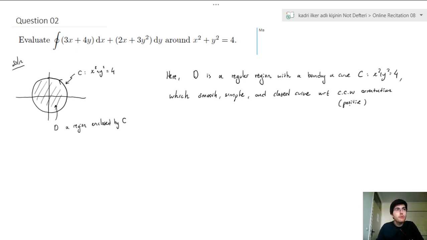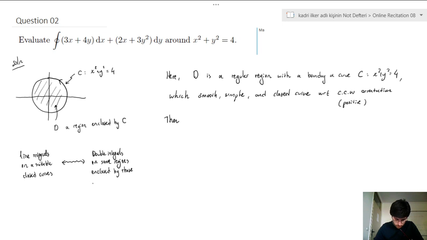Okay, if you have a curve and the corresponding region, then we can use Green's theorem. Green's theorem is a passage from line integrals on suitable closed curves to double integrals on some region enclosed by those curves.